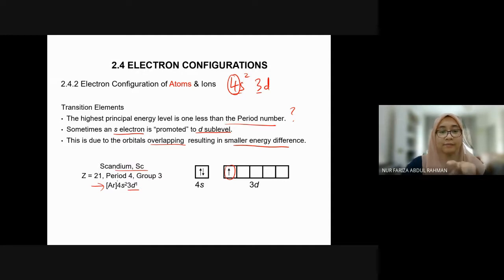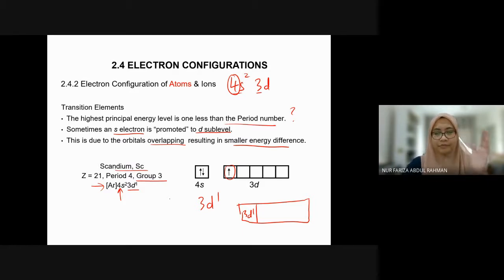The period that scandium is located in is period 4, but it is group 3, because it has 3d1, meaning the D block, and this is the first one. If we start from the beginning, that means group 3, because we have 4s2 and then 1, 2, 3. So that's why it is group 3.